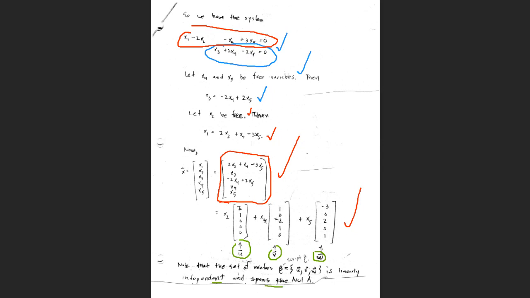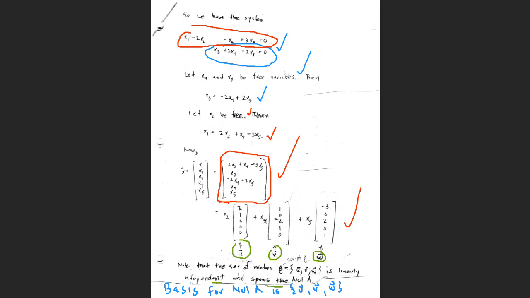So your basis for the null space of A is going to be those three vectors.